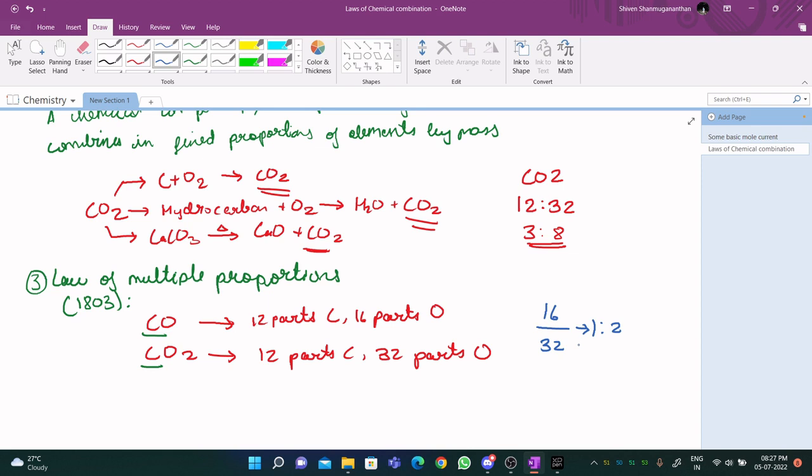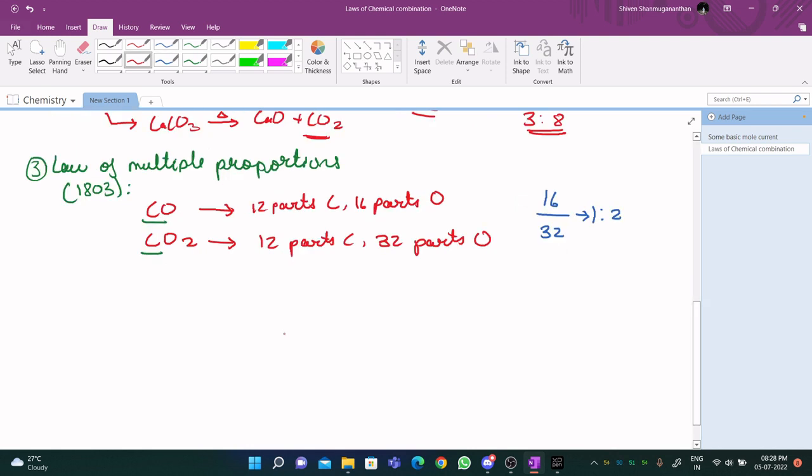Again, what this law basically says is that the element which is not constant, which has a different number of atoms in each compound, that ratio would be a whole number ratio. So in carbon monoxide we have 16 parts oxygen, in carbon dioxide we have 32 parts oxygen. Now this is a whole number ratio, we get 1 is to 2.